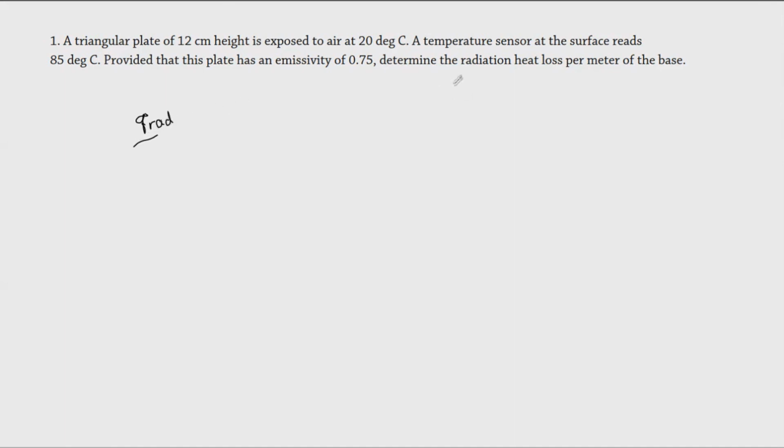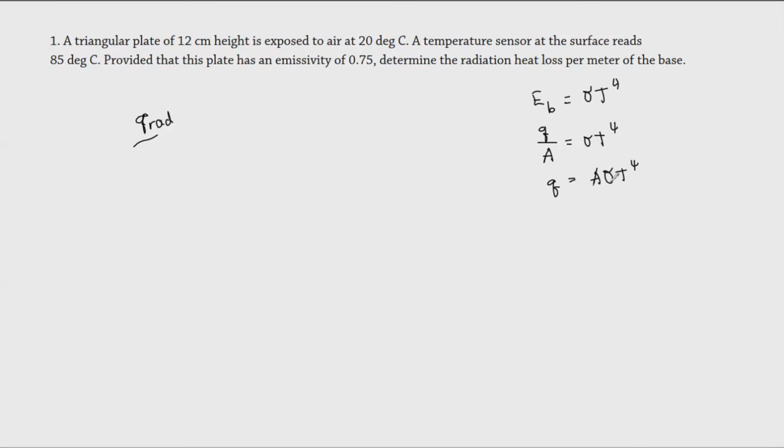Now to start with, the emissive power of a black body is given by the relationship of the Stefan Boltzmann Law, which expresses the Stefan Boltzmann constant and then T raised to the 4th power. Now, this changes to Q over A when we give the heat in terms of heat flux, and then this becomes Q is equal to A and then sigma T to the 4th.